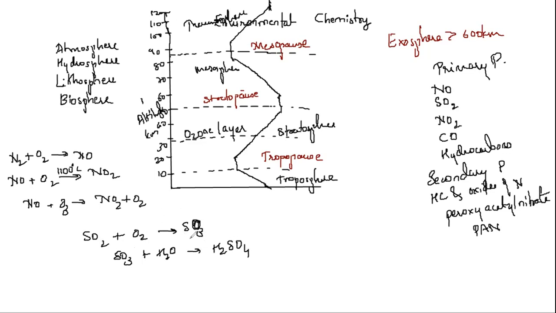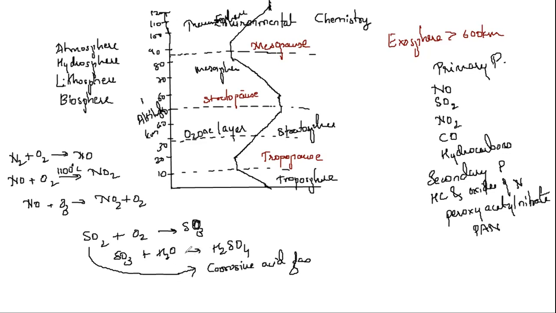Therefore, we say sulfur dioxide is a corrosive acid gas, which produces acid rain and causes damage and destruction to vegetation, degradation of soils and building materials also. Limestone materials act as a sink for sulfur dioxide.